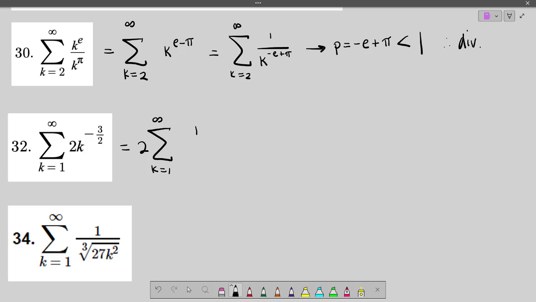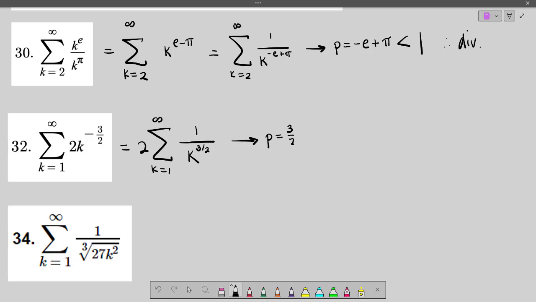And now for a p-series, we want to have the k in the denominator. So this is what we would end up with if we wrote it in the form of a p-series. So 2 times a p-series. And what is p here? 3 halves. We have to identify p. So now I know you know it's a p-series.